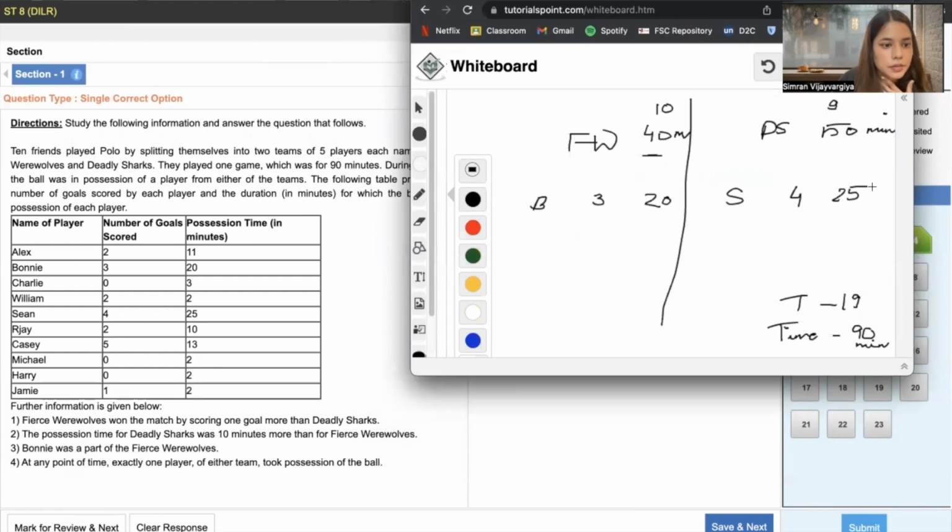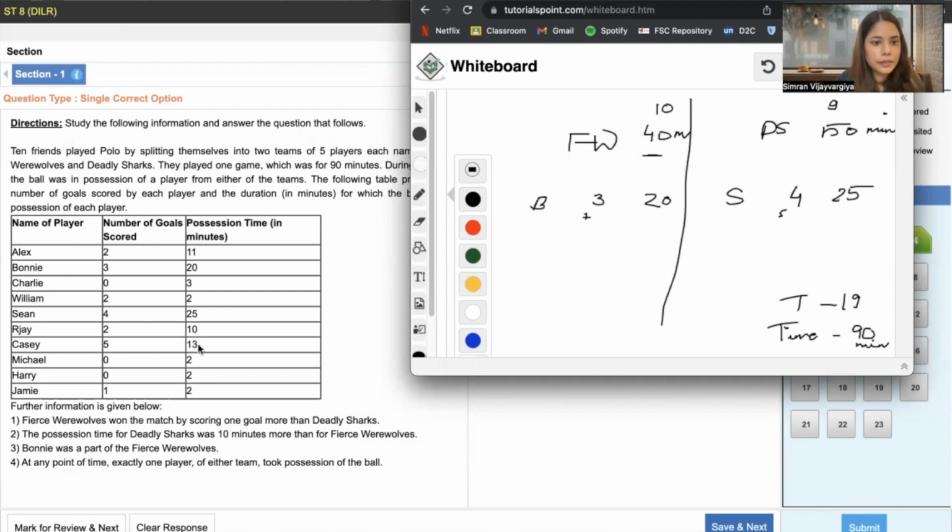Now, if we see, they have to have 7 more goals after Bonnie, and they have to have 5 more goals. So if I take Casey to be in DS, then Casey is 13 minutes.